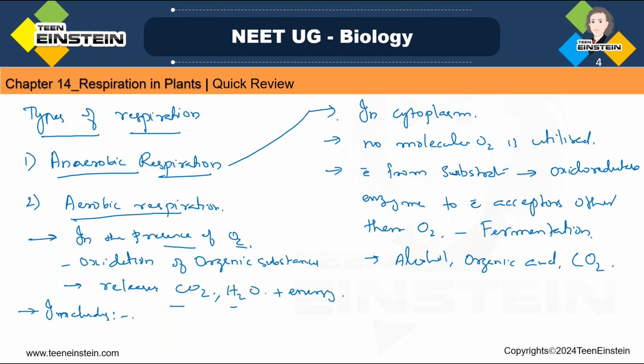Then, this is very important: aerobic respiration includes 5 independent major processes. Here I am mentioning the 5 major processes which make up aerobic respiration. First one is glycolysis.